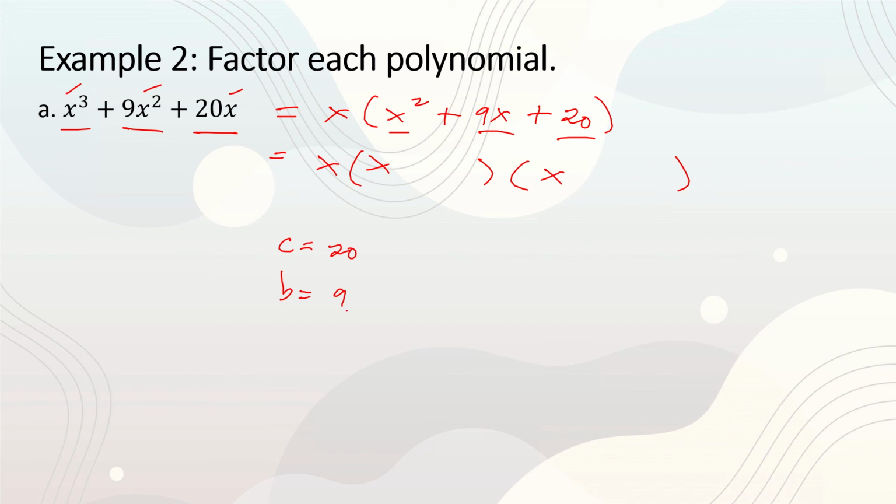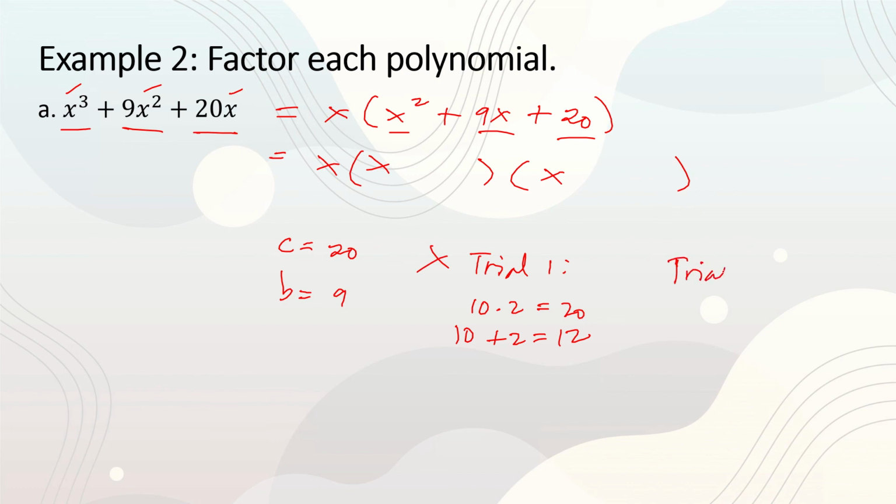Okay, so in my end, I already know what's the perfect combination. But of course, you can always do trial and error. So for example, you can think of it as 10 times 2. 10 times 2 is 20. The problem is when you add them, it's 12, which is not the B. So trial 1 is wrong.